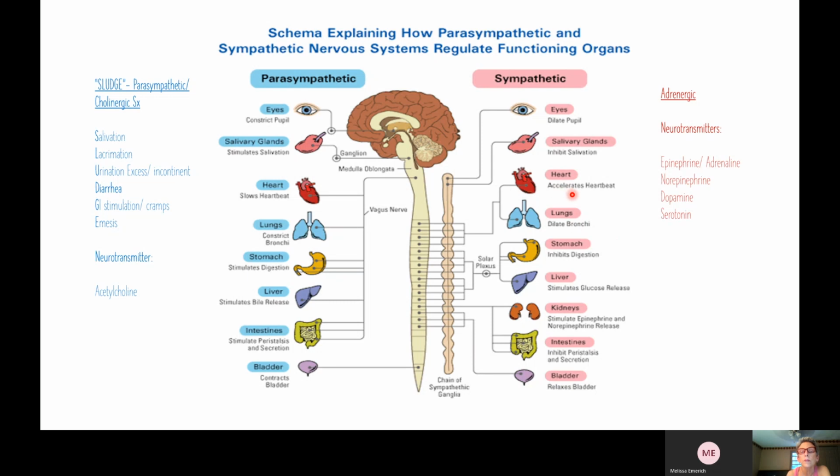So the heart with the sympathetic system, if you're scared, it's going to increase. Your lungs, your bronchioles, are going to dilate. Your stomach, again, when you need to run from the saber-toothed tiger, you're not going to be focused on digestion, so that is going to be diminished. However, your liver is going to be like, dude, we need lots of fuel, so it's going to dump glucose into the body.